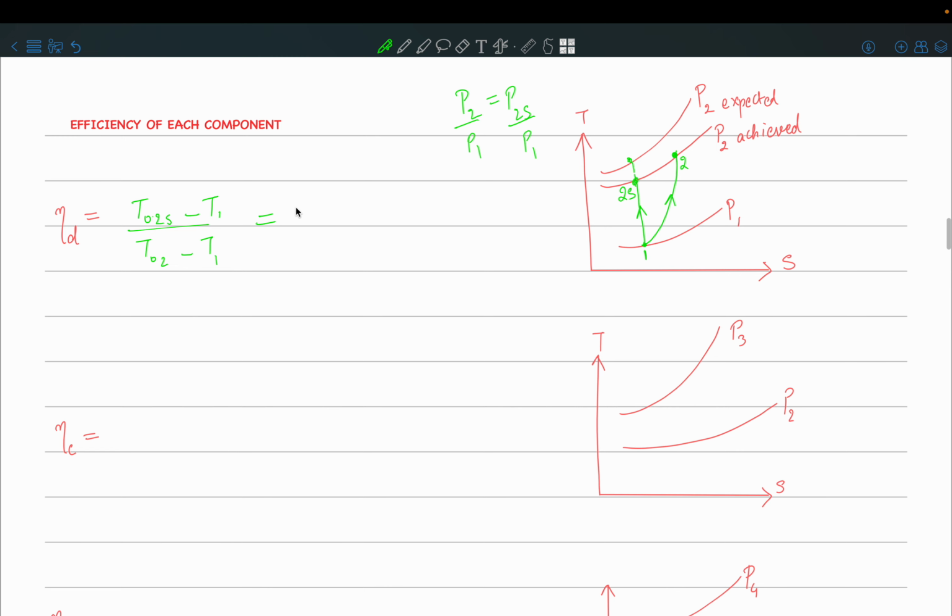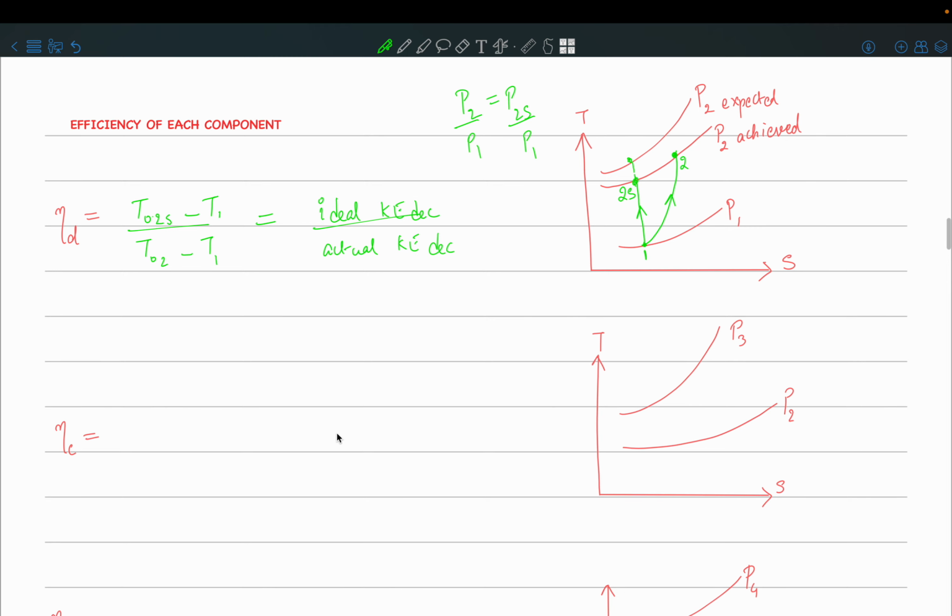That is the way to remember. Ideally we would expect that the kinetic energy decrease is less, but actually more kinetic energy decrease is achieved in the diffuser. So the definition is the ideal kinetic energy decrease divided by the actual kinetic energy decrease.